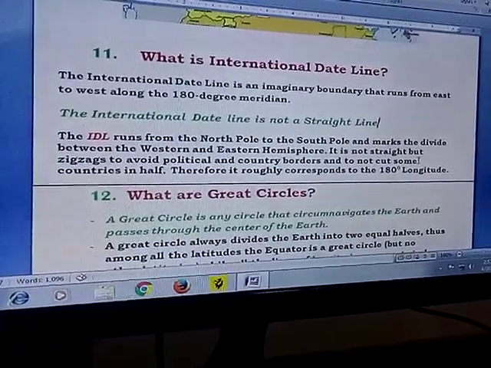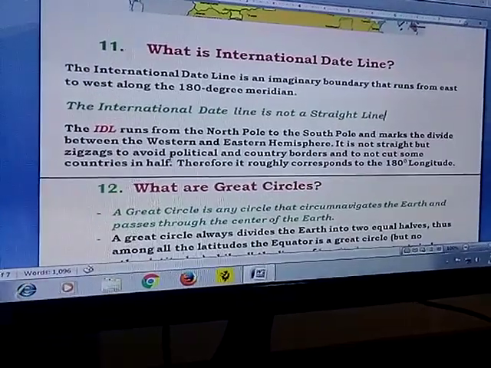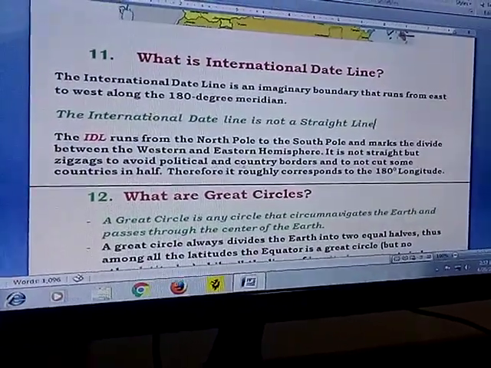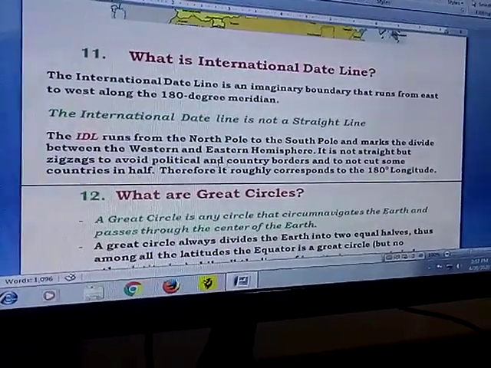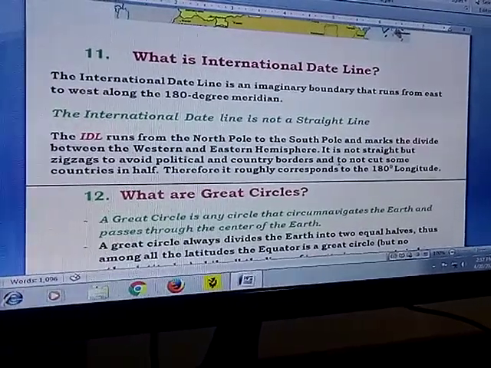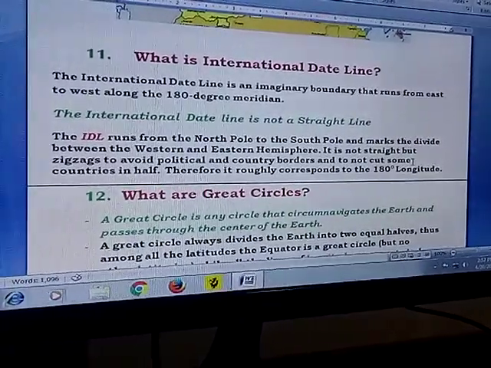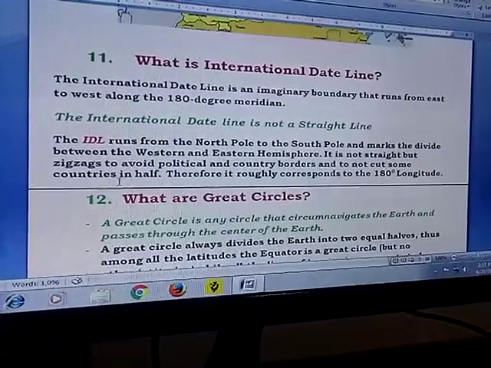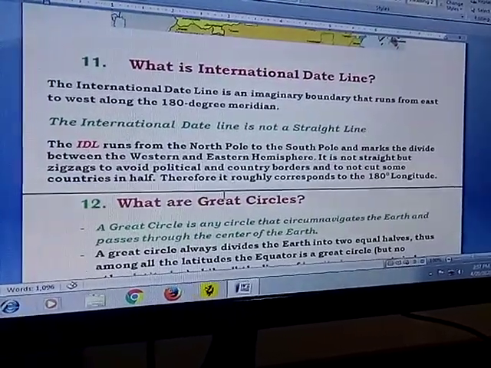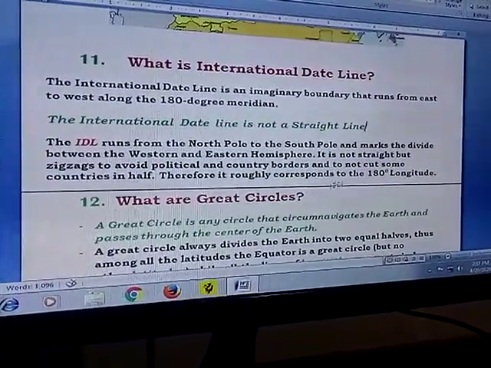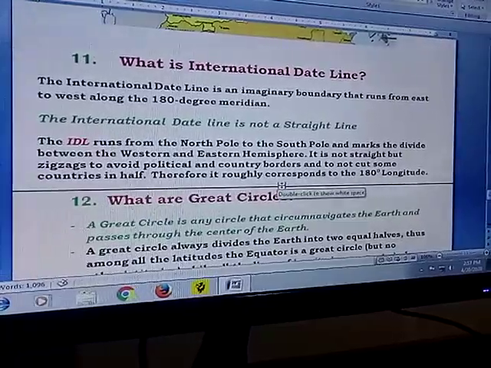It is not straight but zigzags to avoid political and country borders, so that it does not cut some countries in half. Therefore, it roughly corresponds to the 180-degree longitude.